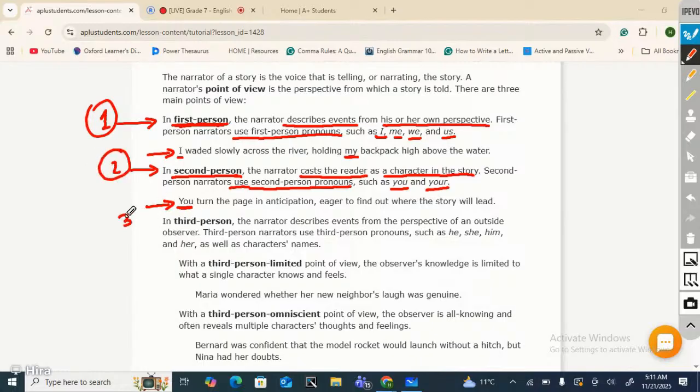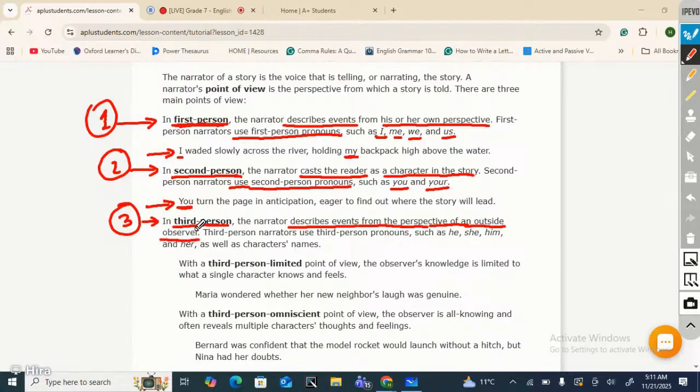Now, the third one. In third person point of view, the narrator describes events from the perspective of an outside observer.